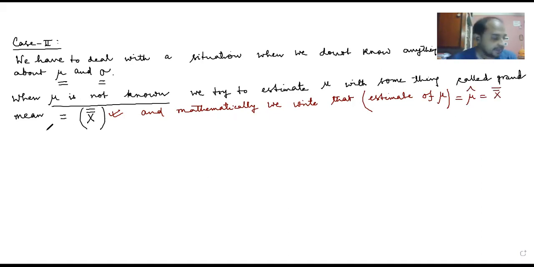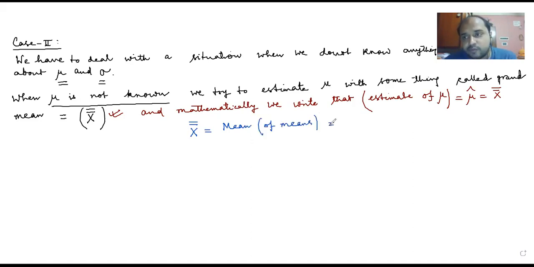And what is the formula of x bar bar, as it is given in the book? I'm going very slowly so that you find it comfortable. So x bar bar is actually the mean of means.